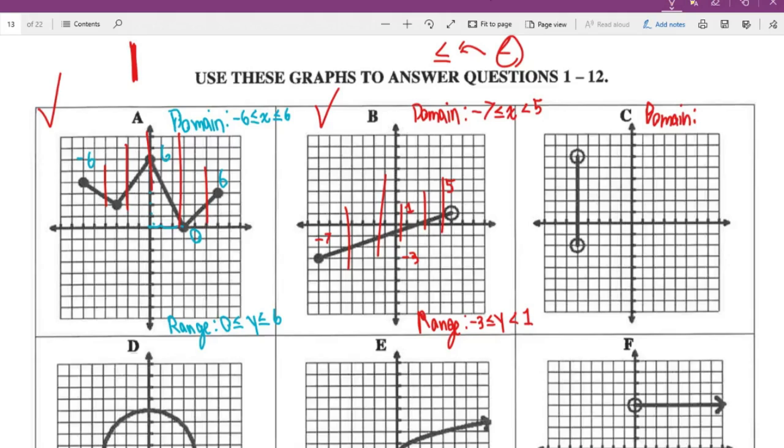So we see that this graph does not have a value for, say, 1 or 2 or -3. It's only at -1, -2, -3, -4, -5. So in this case, we say that the domain is x equals -5. Let's find the range.